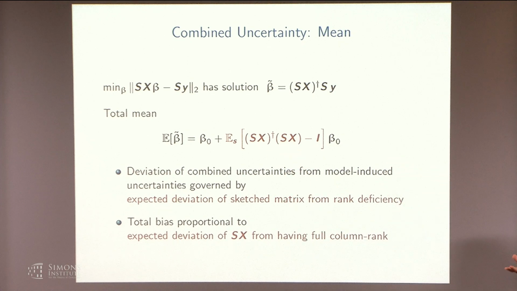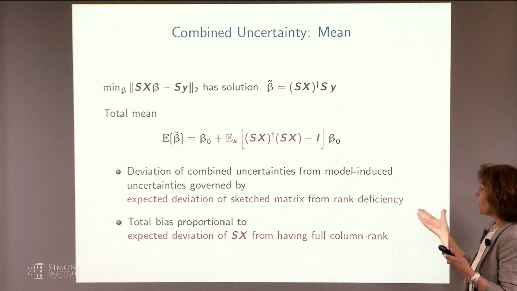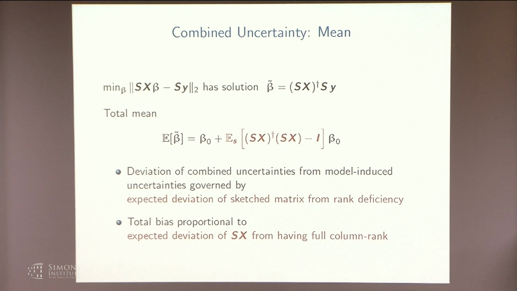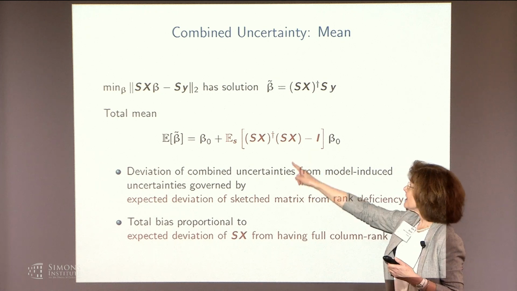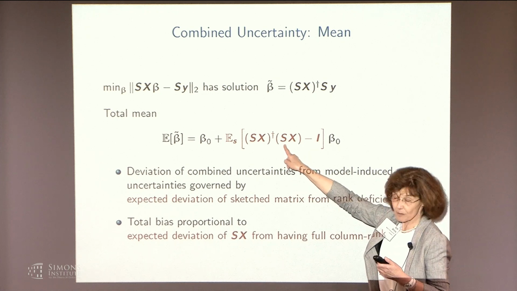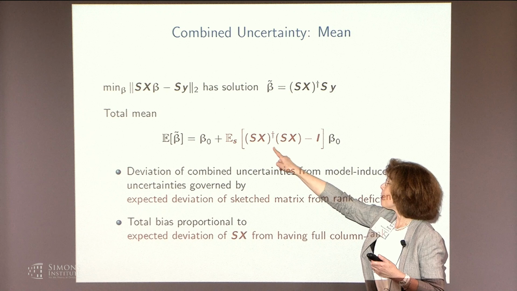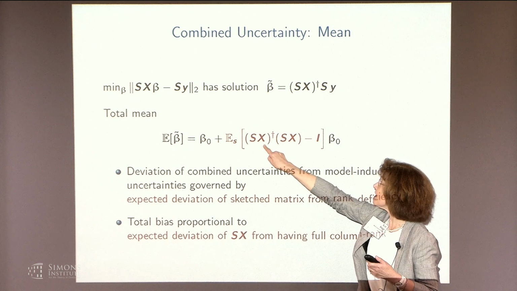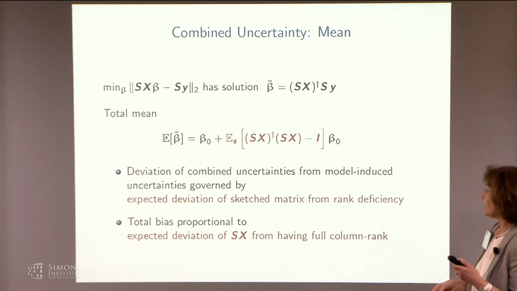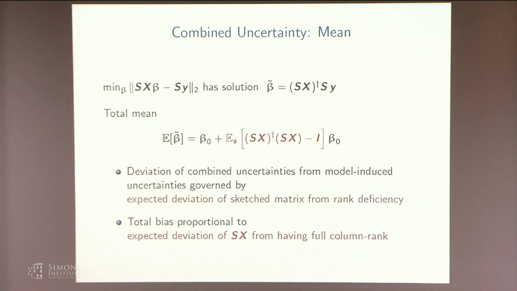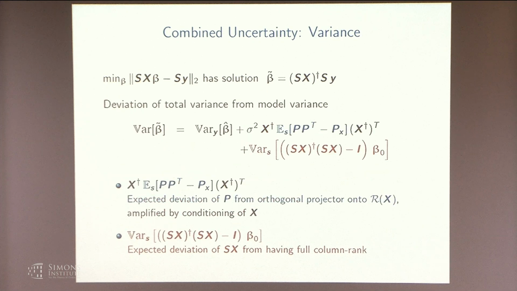So we can see that that's the expected deviation of the sketched matrix from the identity. So you average over all sketching matrices S, try out how close this thing is to being a left inverse. You can do that by subtracting the identity. So that means the total bias is proportional to the expected deviation of the sketching matrix from identity.